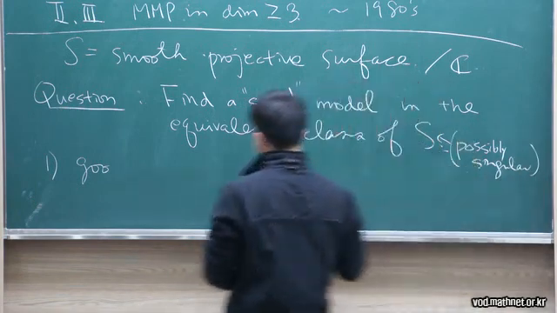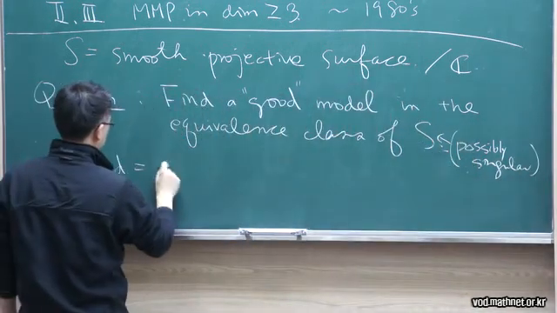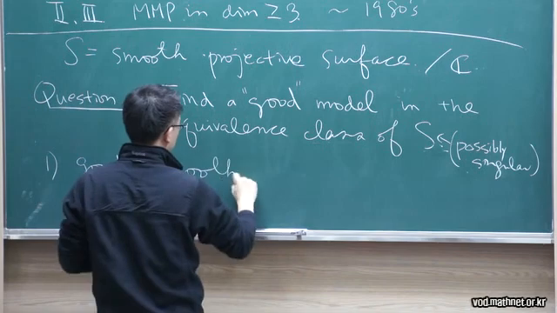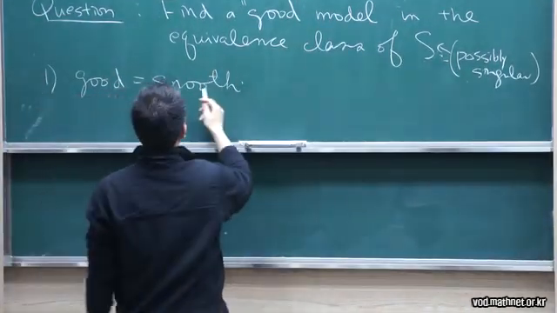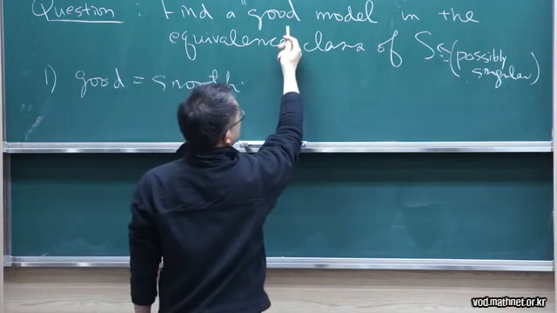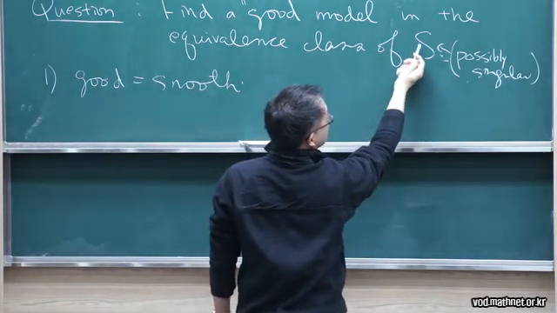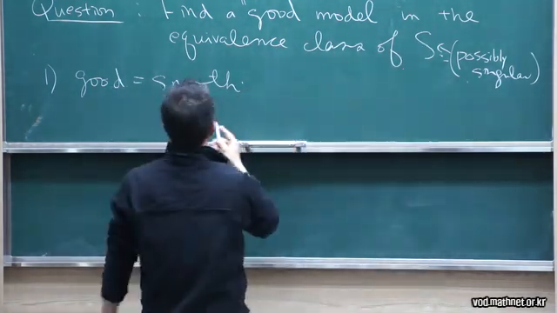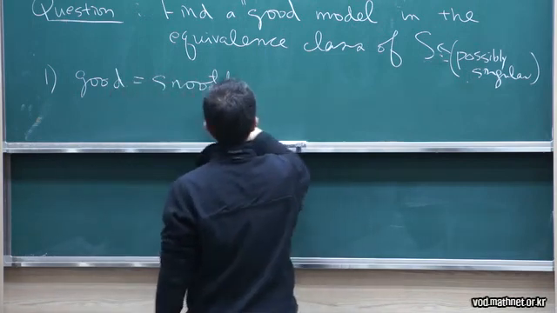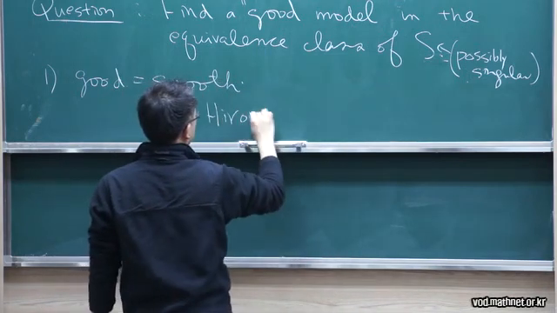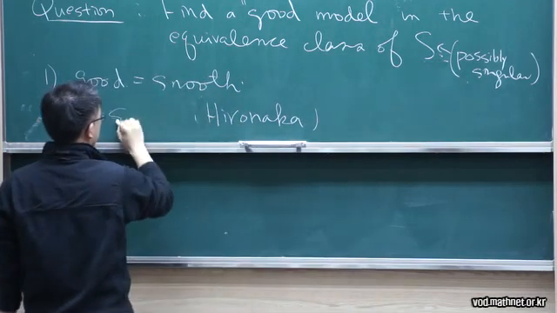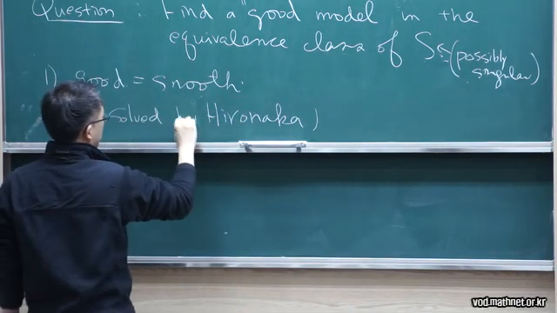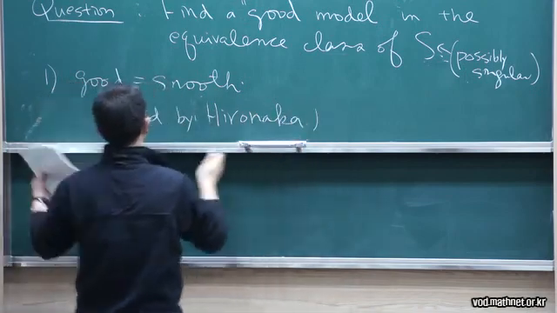So first you want to find a smooth model which is birationally equivalent to the given surface S. This is already solved by Hironaka. This is very well known.